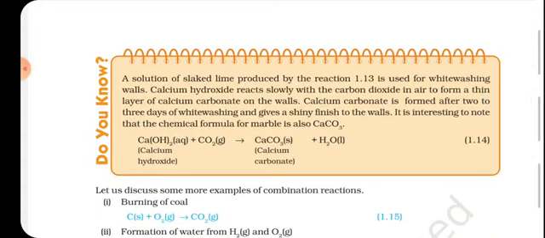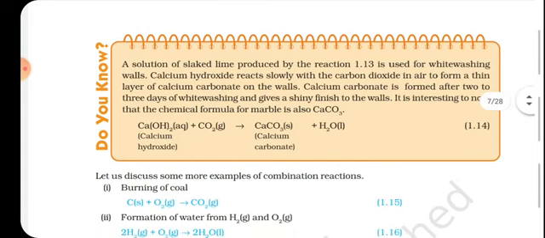A solution of slaked lime produced by the reaction is also used for whitewashing walls. Calcium hydroxide reacts slowly with carbon dioxide in air to form a thin layer of calcium carbonate on the wall. Calcium carbonate is formed after 2 to 3 days of whitewashing and gives a shiny finish to the wall.